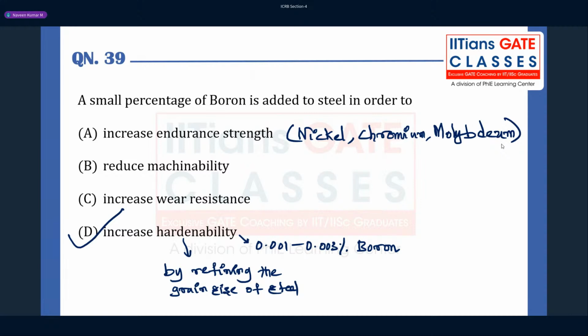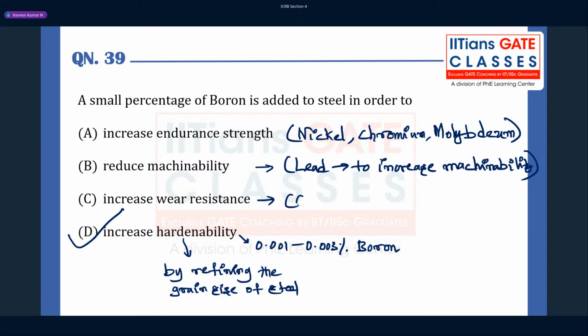Everybody wants to improve machinability, right? So lead is an element to increase machinability, not reduce, increase. We discussed this yesterday. Who will increase wear resistance? Chromium. If you have chromium, it will have wear resistance. Okay, so answer is D, that is increasing the hardenability.